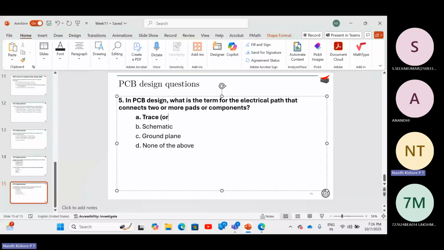So we call it copper regions or copper pours. So this is it about PCB design questions. All of these are very simple.